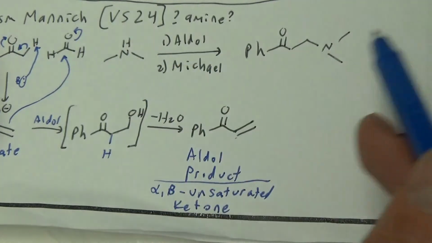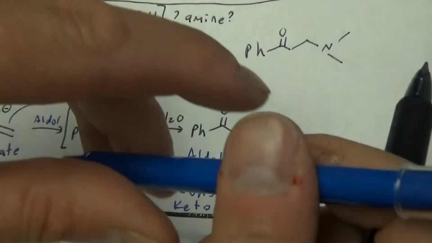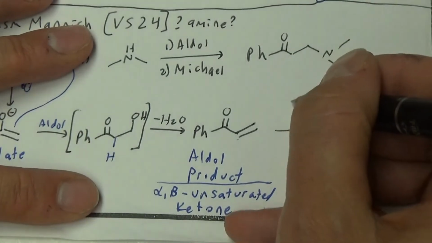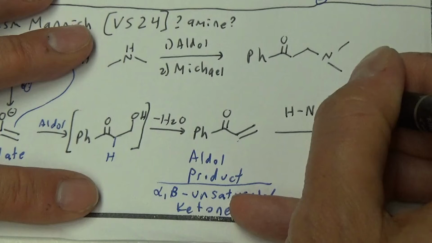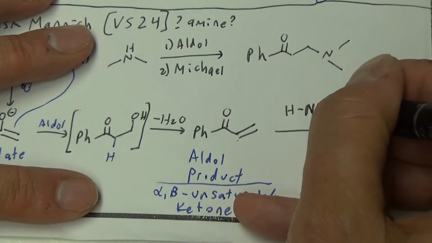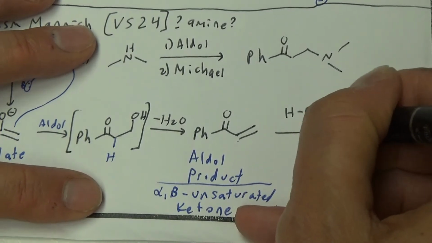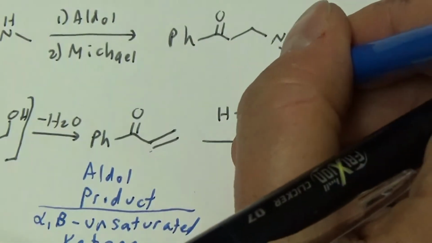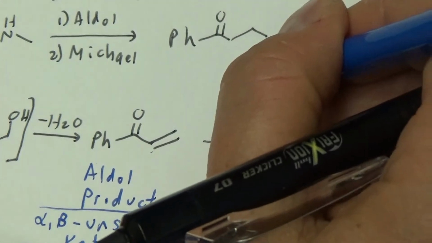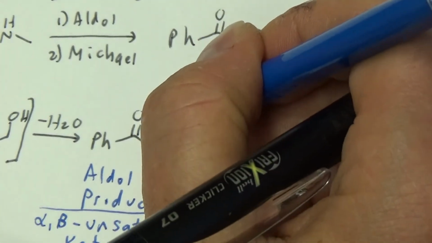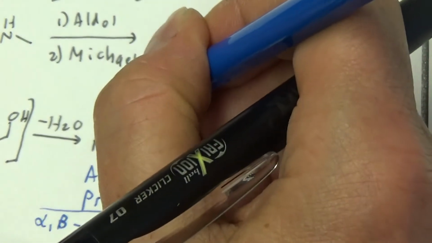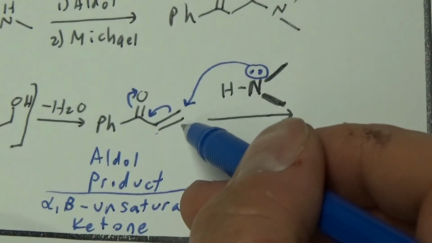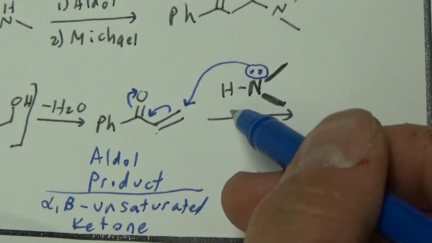So what do we have to do to finish this off? Maybe incorporate that amine there. And this is where the Michael happens. So it's really just H and dimethylamine. The lone pair attacks. And remember that the double bond is an electrophile. It likes to be attacked, and that's all we're doing.